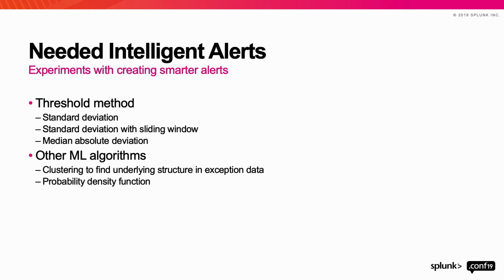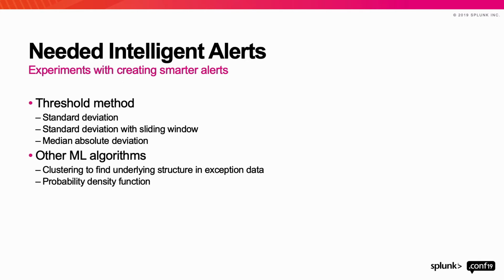We started playing with that, and we realized that the anomalies it detects depend on what method you're using. For example, standard deviation versus standard deviation with a sliding window actually detects different anomalies for you. And if you're using median absolute deviation, we saw it detects totally different anomalies.